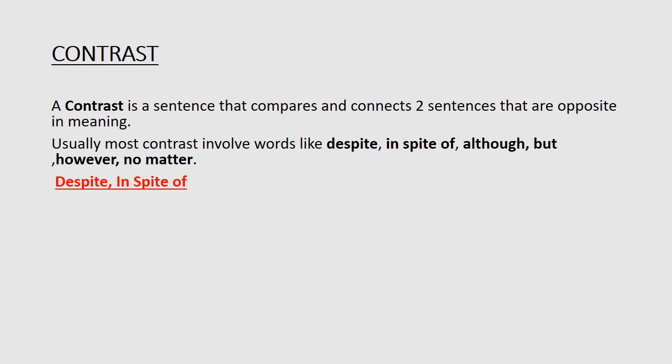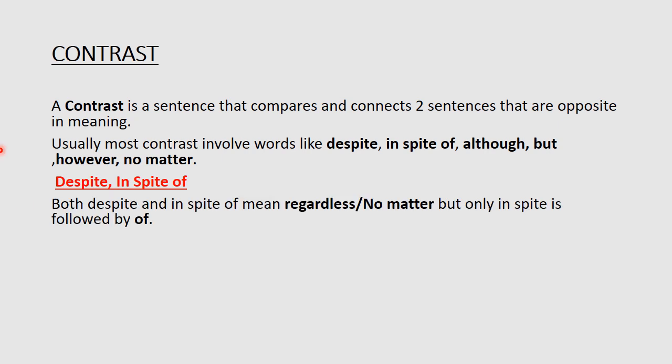Okay, so the first we're going to look at is despite and in spite of. Both despite and in spite mean the same thing, and that is regardless or no matter.